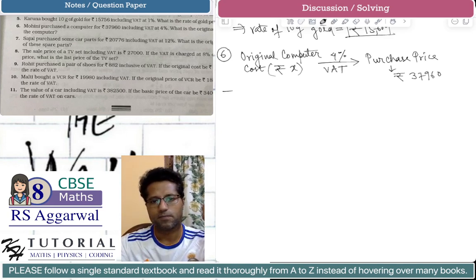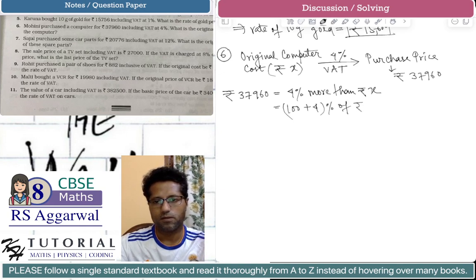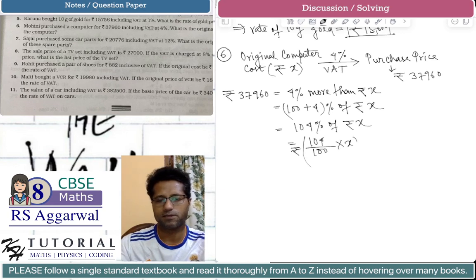So we can say that rupees 37,960 is equal to 4% more than rupees X. This is equal to 100 plus 4% of rupees X. This is equal to 104% of rupees X. This is equal to 104 divided by 100 multiplied by X. So now we can say that 104 divided by 100 multiplied by X is equal to 37,960.